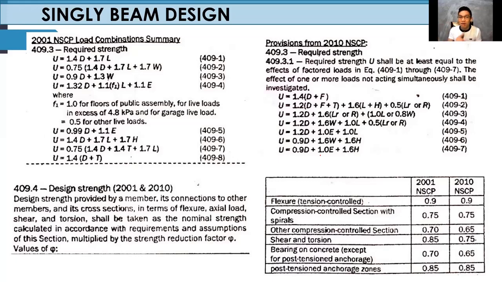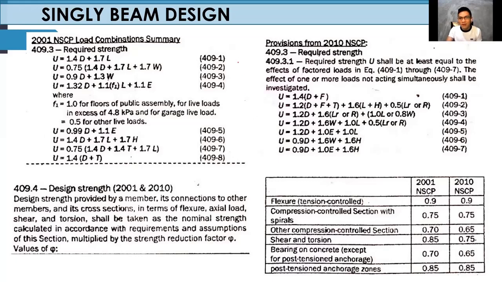So niliitan nila from 1.4 dead load naging 1.2 dead load. Yung 1.7 live load naging 1.6 live load. So therefore, safe pa din siya pero mas lumiliit na yung ating cost sa ating construction kasi nalilitan na din yung ating sections ng ating slabs, beams, and columns.